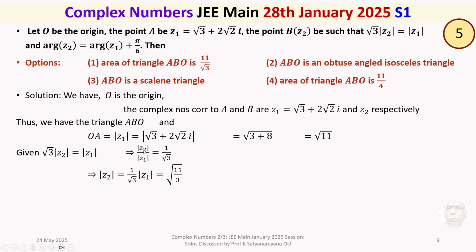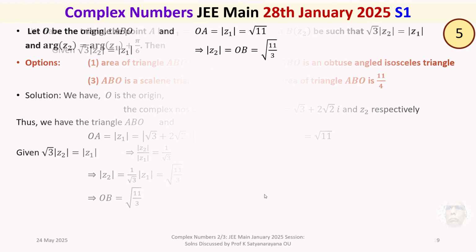Now from here, mod Z2 is equal to 1 by root 3 into mod Z1, and 1 by root 3 into root 11 is root of 11 by 3. So mod Z2, the length of the side OB, is root of 11 by 3. Thus we got two sides of the triangle OAB, and they are not equal.